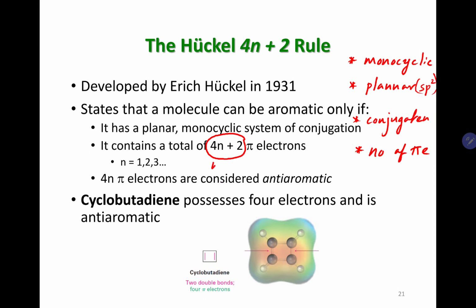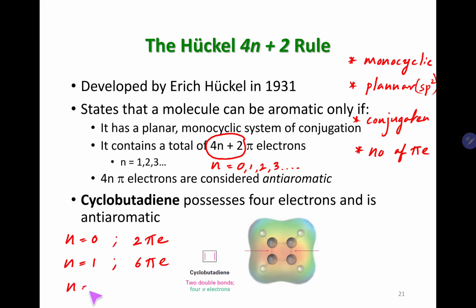This n could be any integer: 0, 1, 2, 3, anything. Let's take a look at this 4n+2 in more detail. If n is equal to 0, then the number of pi electrons will be 2. If n is equal to 1, then the number of pi electrons will be 6.